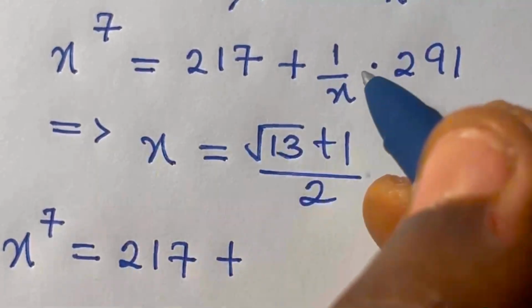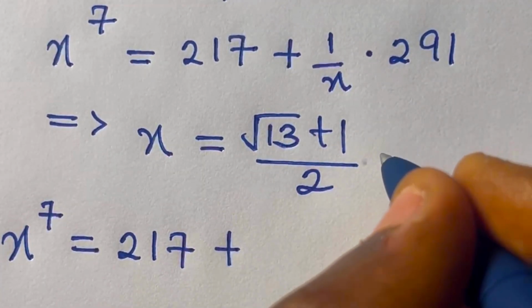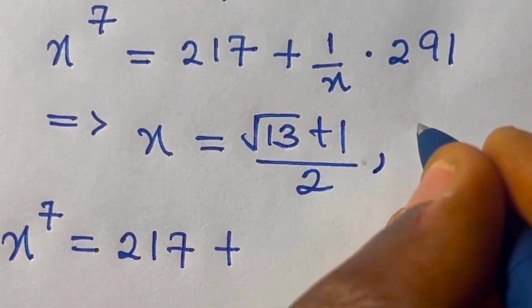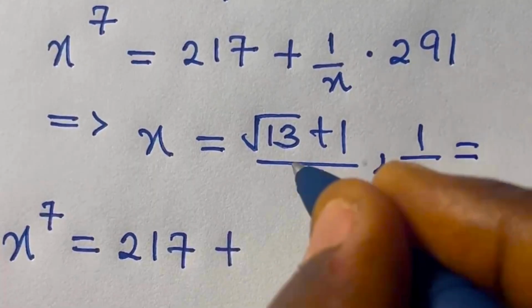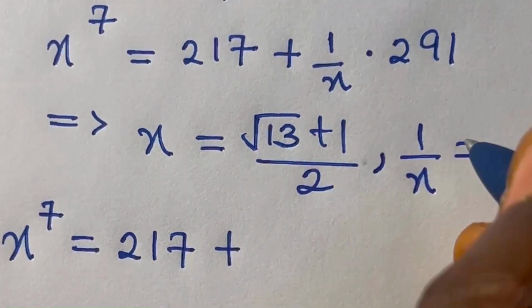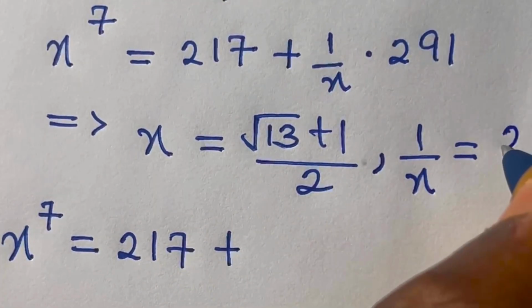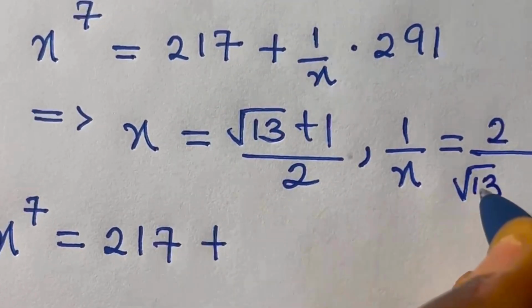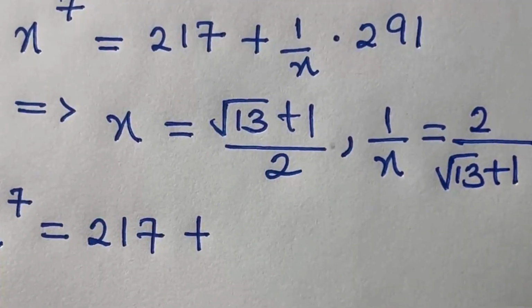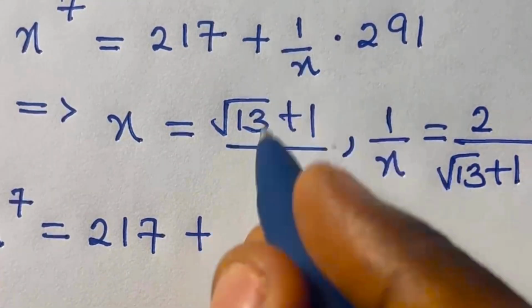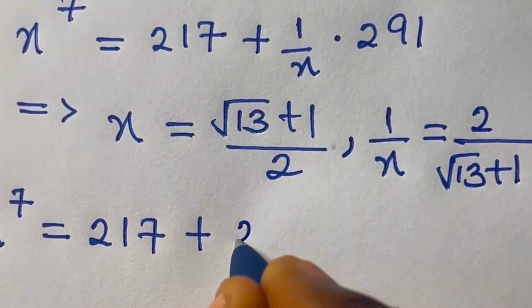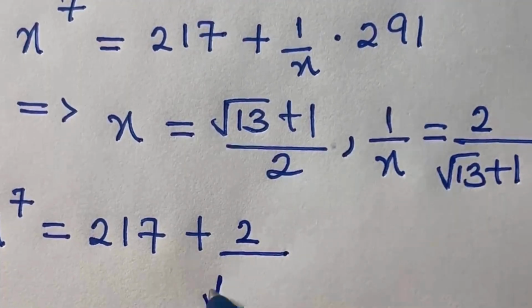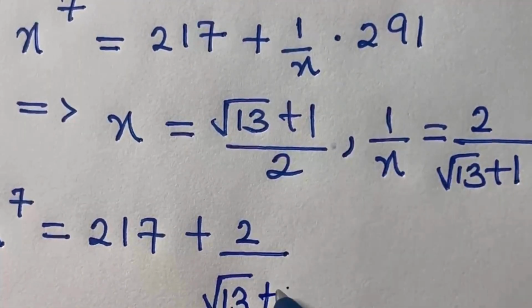If this is 1 divided by x, we can change this by interchanging the numerator and denominator, which will be 2 divided by square root of 13 plus 1.